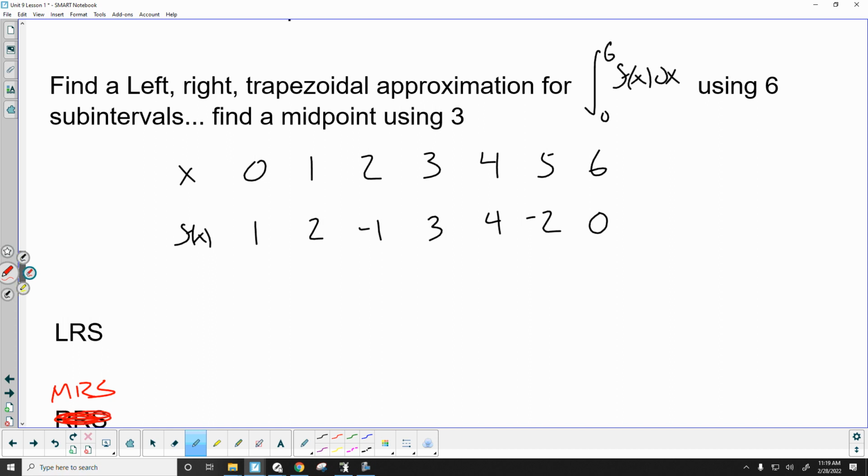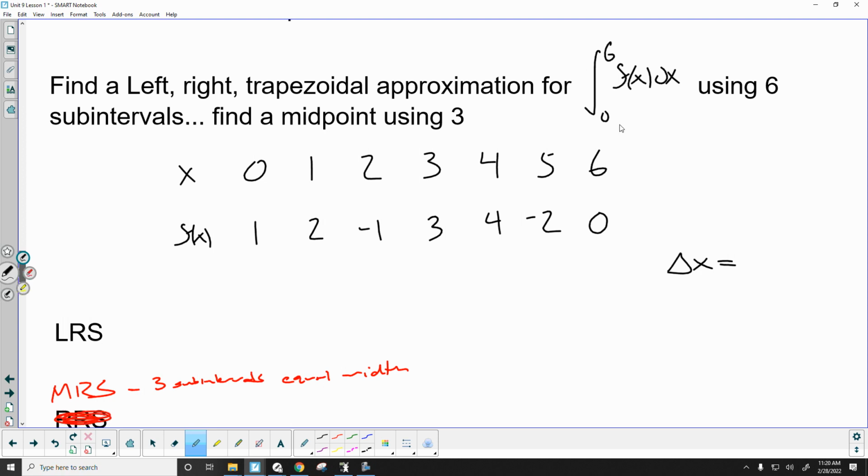We want to find a midpoint Riemann sum to approximate this integral from 0 to 6 using 3 subintervals of equal width. Cool. So what is the width of all of my rectangles if I want 3? 2. How'd you figure that out?